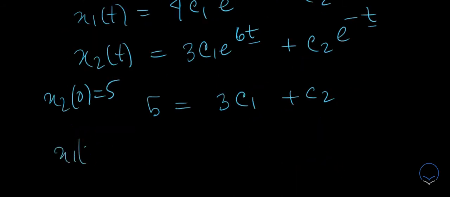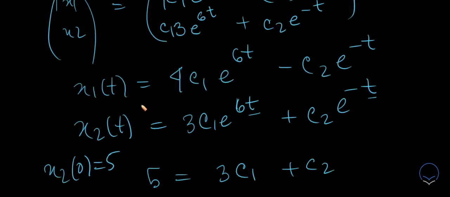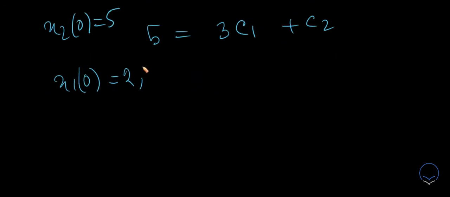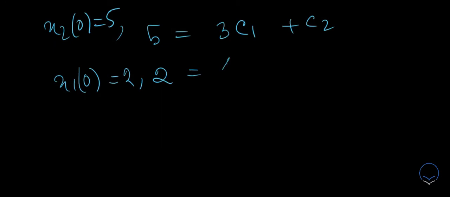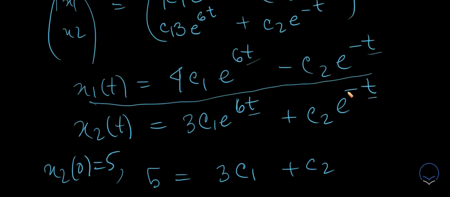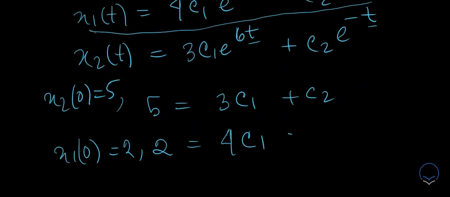Similarly, x1 of 0 was simply 2, and x1 of t is over here, that is this line. Again, you put t equals 0 over here and 2 on the left hand side. So this will mean 2 equals 4c1 minus c2.